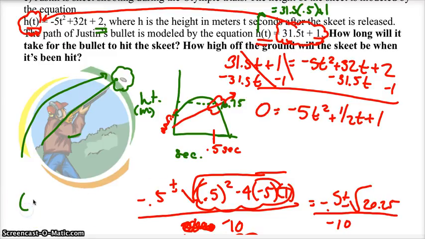So the ordered pair is after half of a second, can't have a negative second. After half of a second, it has gone 16 meters and a little bit more. So that's really what it wants here. How high will it be? 16.75 meters.